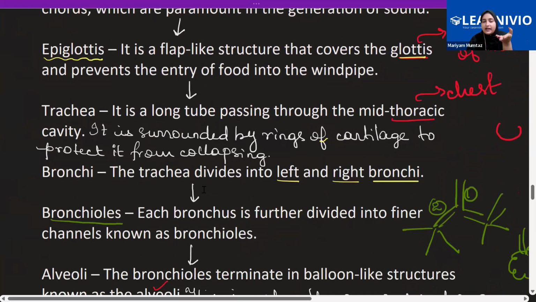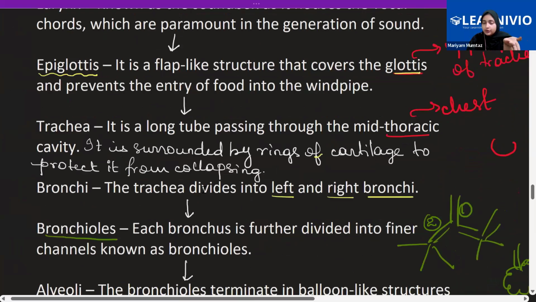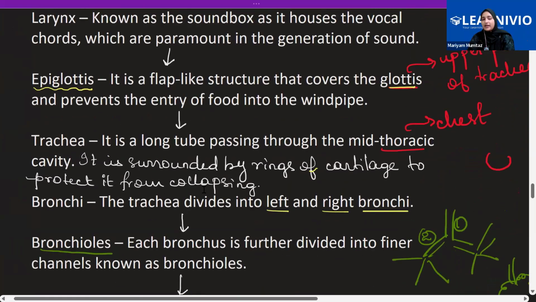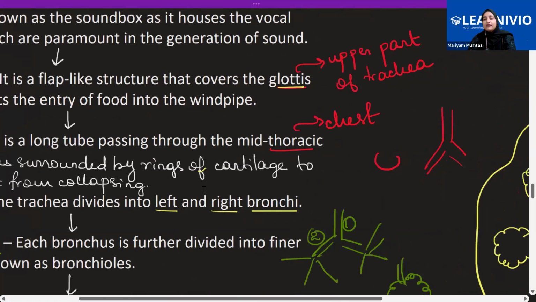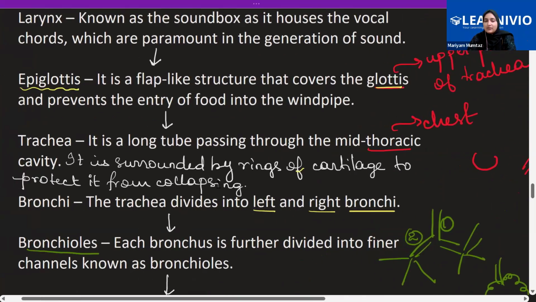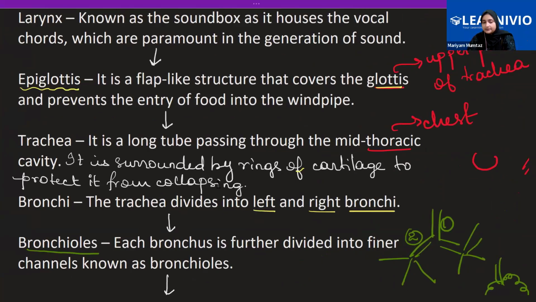Then talking about the trachea, it's a long hollow tube present right in the middle of our thoracic cavity, meaning right in the middle of our chest, and it is surrounded by rings of cartilage to protect it from collapsing. The trachea then further divides into the left and right bronchi, the first division.